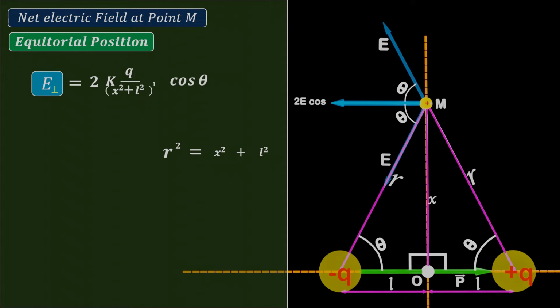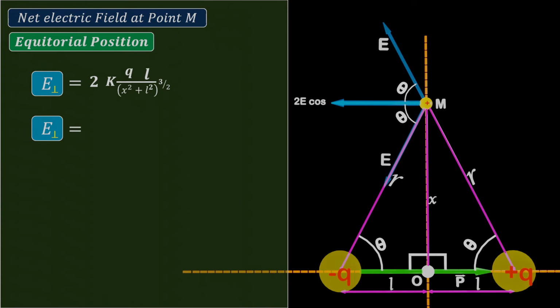Additionally, we can express cos theta as L by r and r as the square root of x square plus L square. After substituting these values, we find that the denominator becomes x square plus L square to the power 3 by 2. Simplifying the equation further, we get E equatorial equal to 2kqL by x square plus L square to the power 3 by 2.